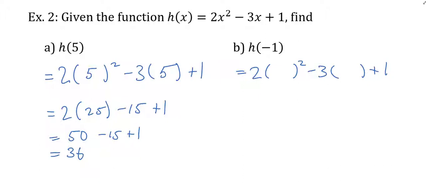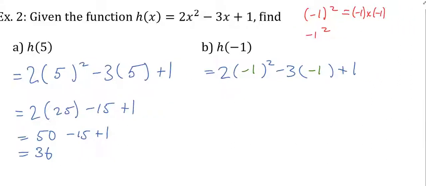This question is one where it highlights why it's important to have the 2 outside the brackets. So when I put the -1s inside, remember that (-1) squared and -1 squared are not the same thing. -1 all squared is -1 times -1, which is +1.